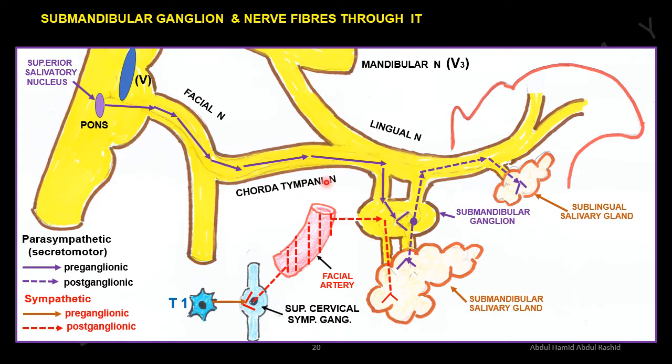Only here these fibers will synapse. After synapse, dotted arrows are postganglionic parasympathetic fibers, which supply the submandibular salivary glands and sublingual salivary glands for secretion.